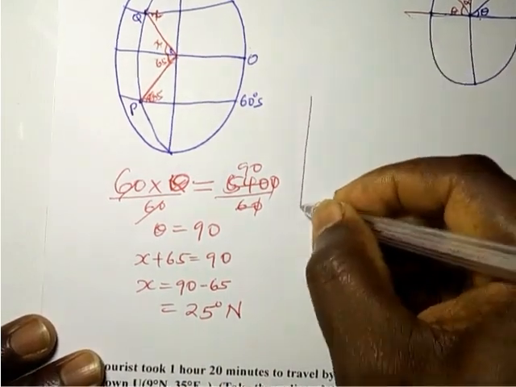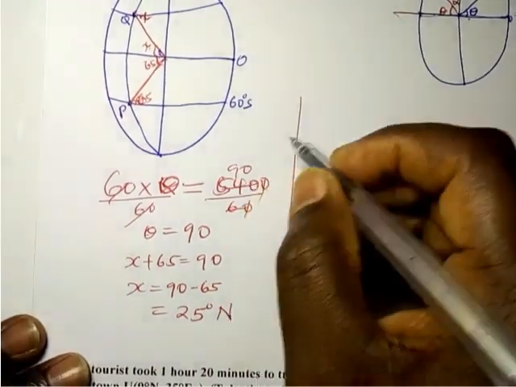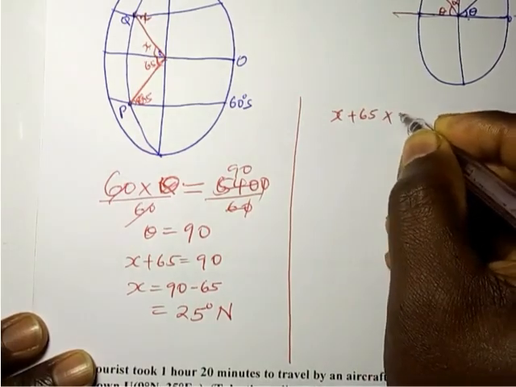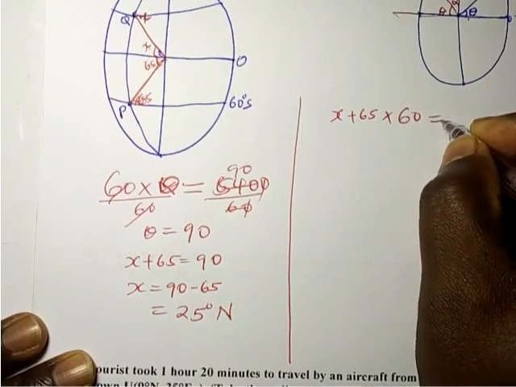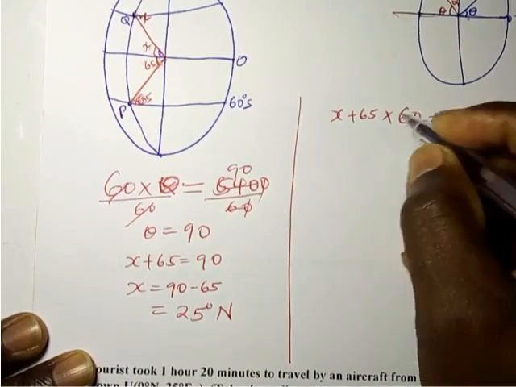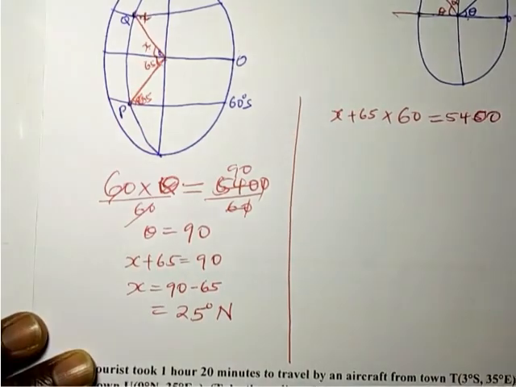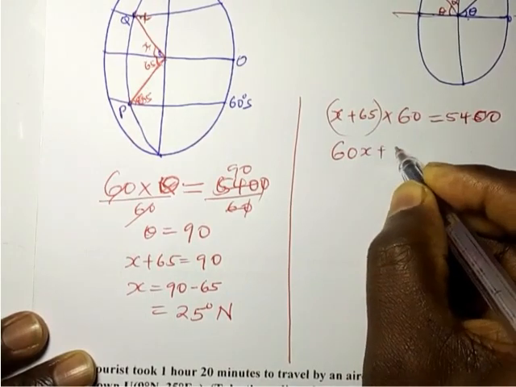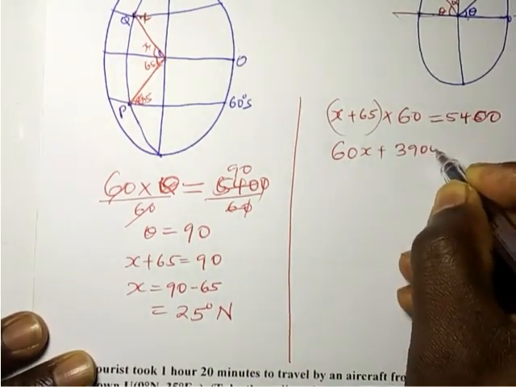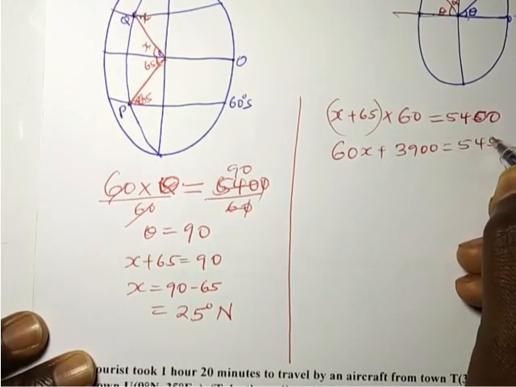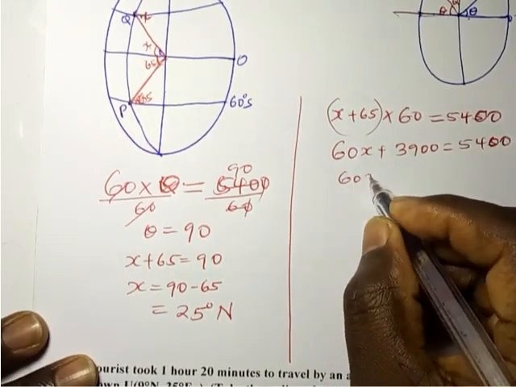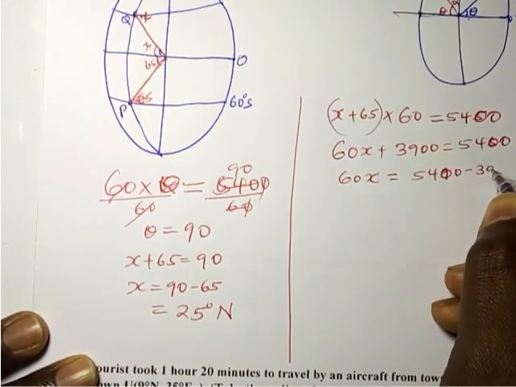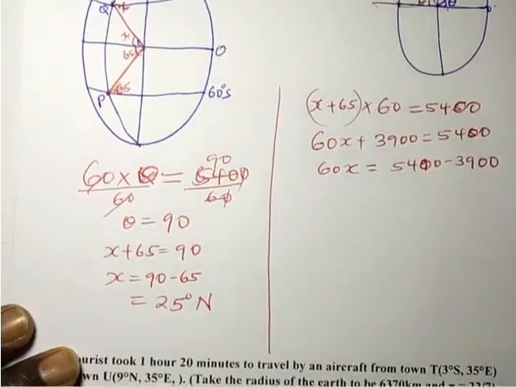You can also do it this way. We know that x plus 65 times 60, because this is the angle difference, will be 5400. So we multiply, and we will have 60x plus 3900 equals 5400. 60x will be 5400 minus 3900.